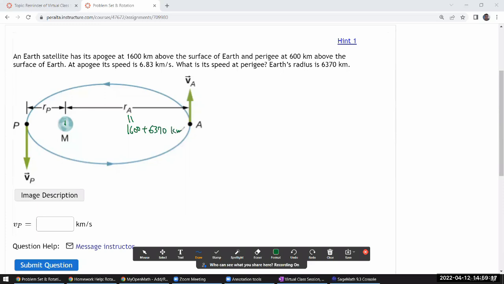So that is my RA. And perigee is at 600 kilometers above, so this would now be 600 plus 6,370. At apogee, the speed is 6.83 kilometers per second. What is its speed at perigee?